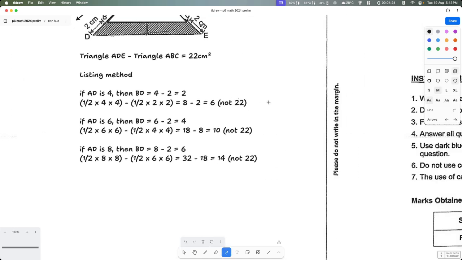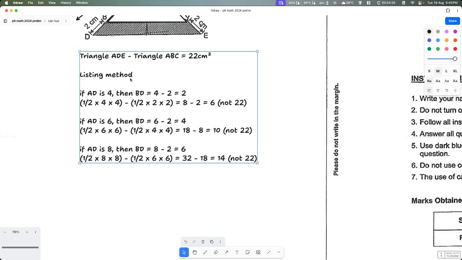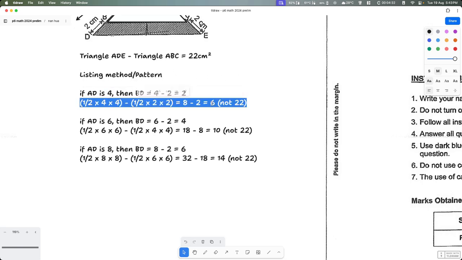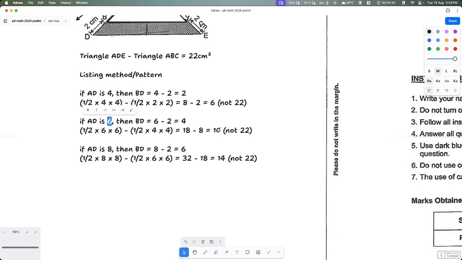Okay, so this is also a pattern. If AD is 4, the difference will be 6. If it's 6, it will be 10. If it's 8, it will be 14.